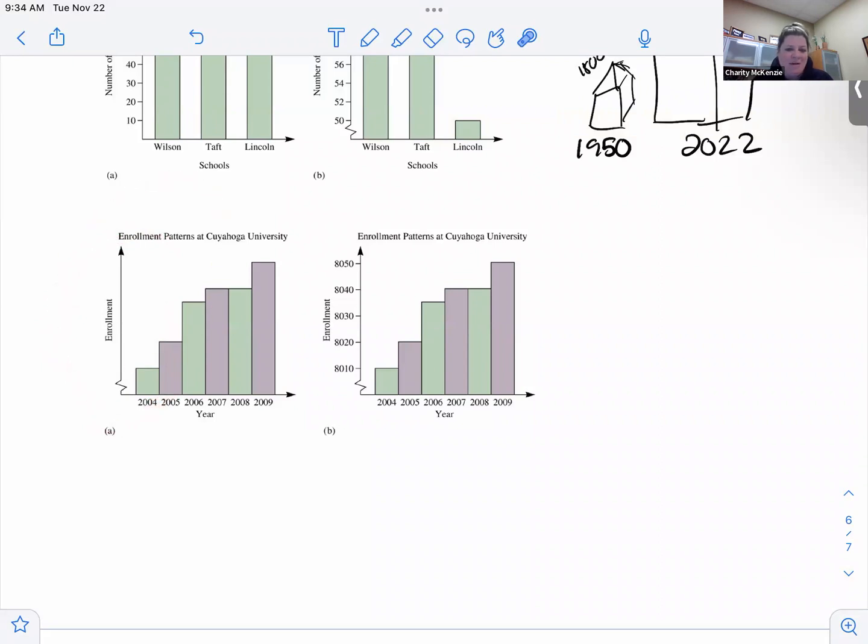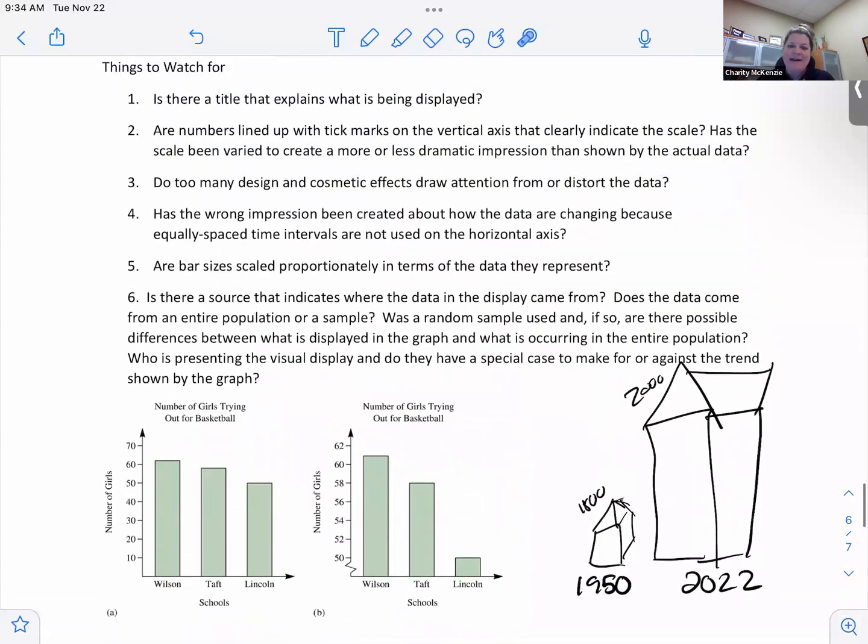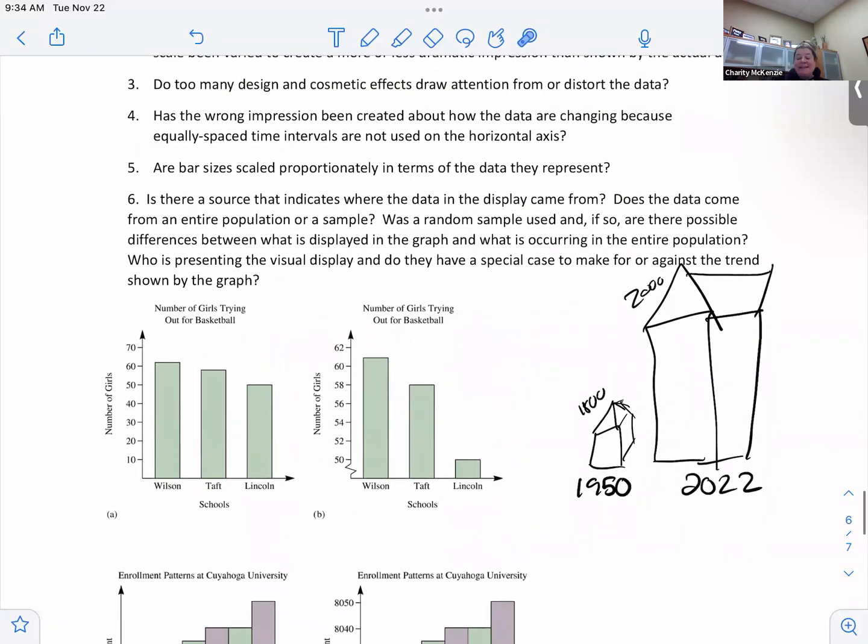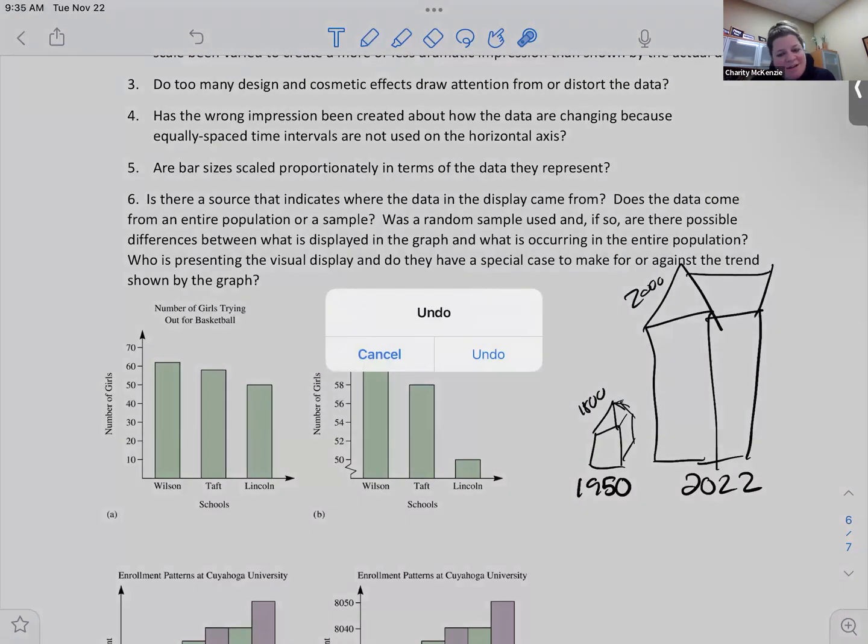You don't even know. They aren't really giving you good information there. You're like, wow, look at the differences, but it could be such a slight difference between each tick mark. So misleading graphs can really go anywhere, and misleading data is big. That's what this section talks about.